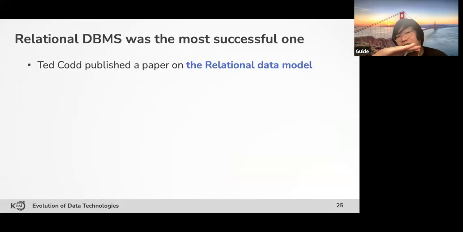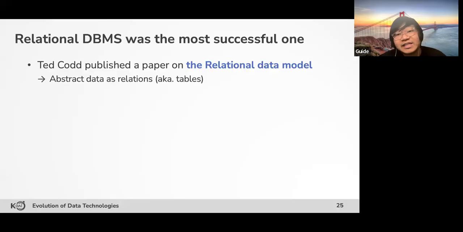And with a lot of types of DBMS, from back in the 1970s until now, relational databases, or relational database management systems, have been one of the most popular until today. Just a recap, a relational DBMS is a database management system based on the relational data model coined by Ted Codd.